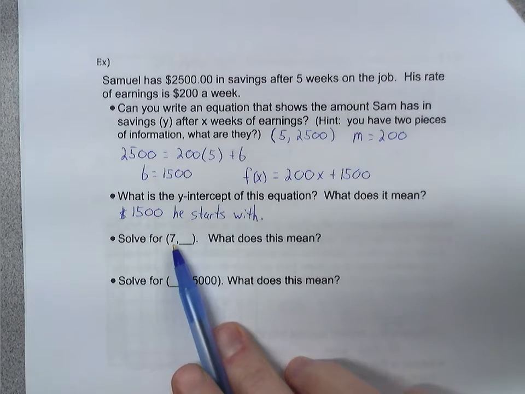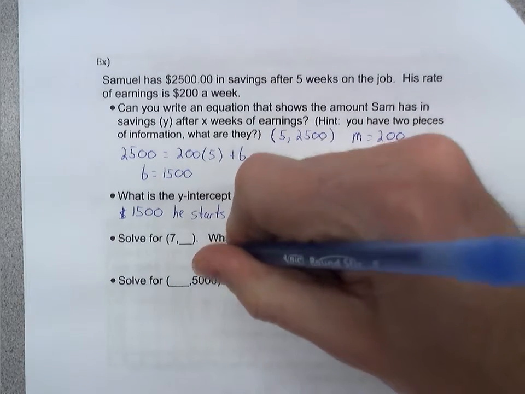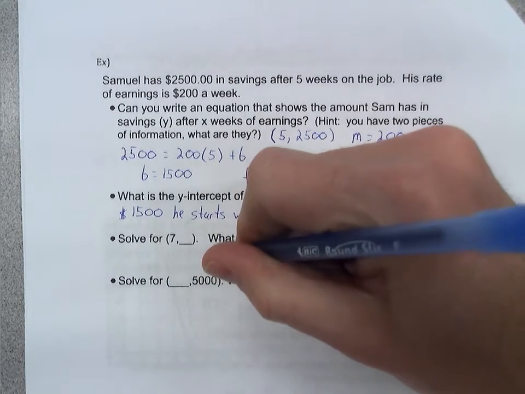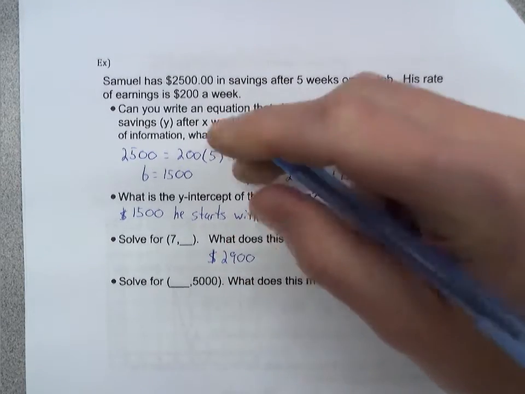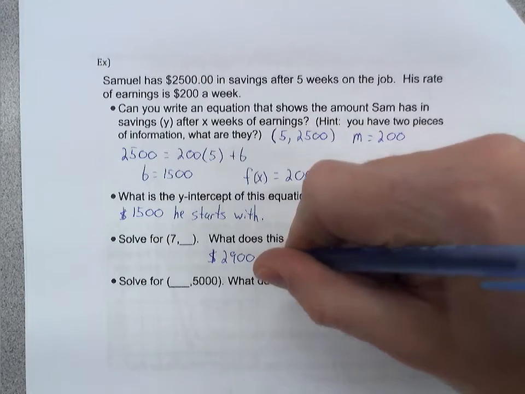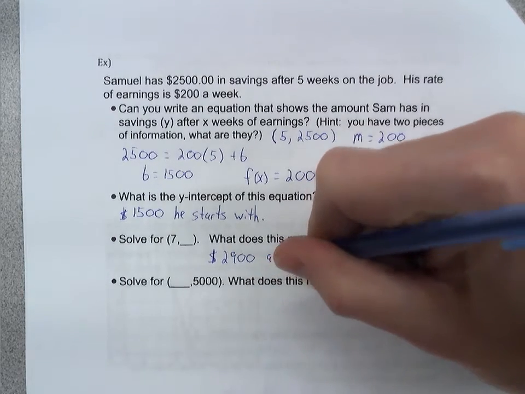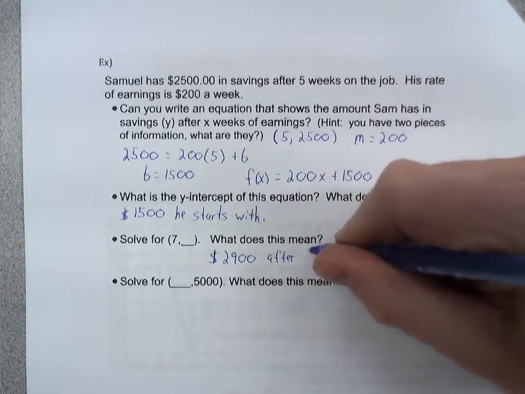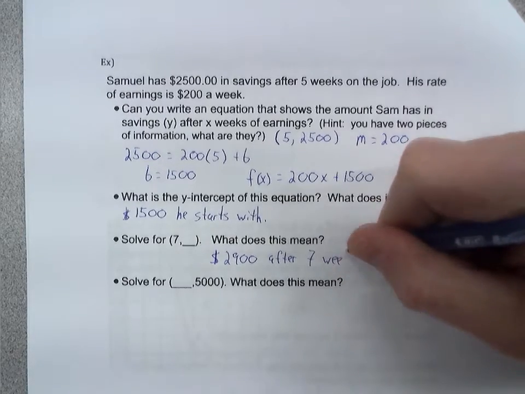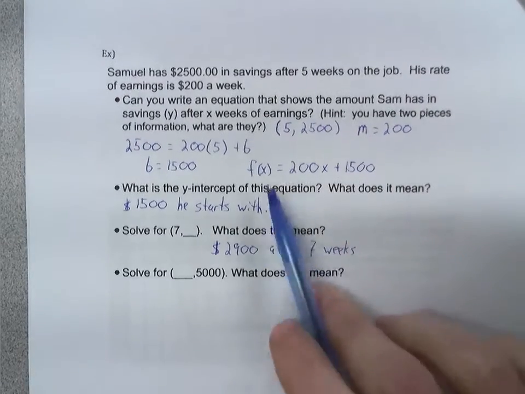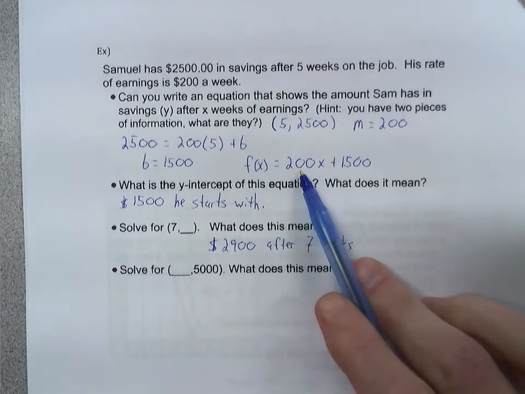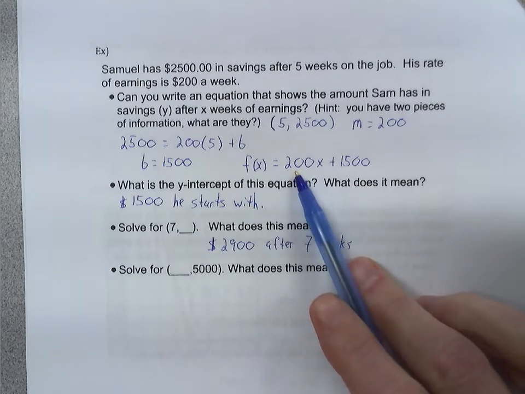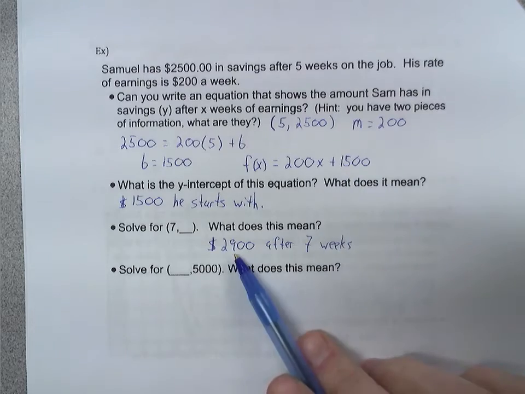If we solve for 7 weeks, we're going to find that he's going to have $2,900 after 7 weeks. And all we had to do was plug that back into our original equation. 7 times 200 is 1,400. 1,400 plus 1,500 is 2,900.